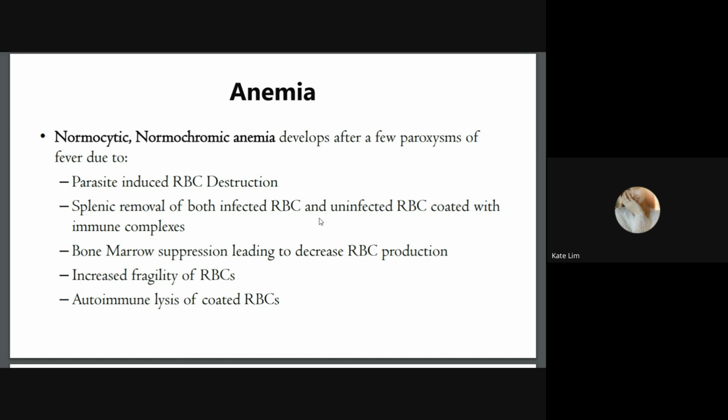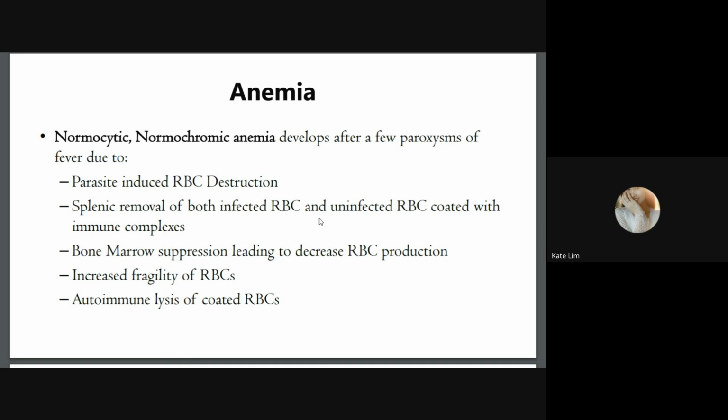Remember a while ago about hypersplenism, wherein in splenomegaly, the spleen cannot distinguish anymore the infected from the uninfected. So even the healthy RBCs that have been tagged with immune complexes are being destroyed, further worsening the anemia.